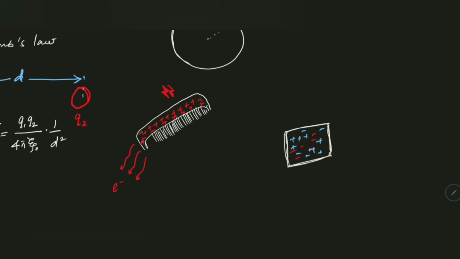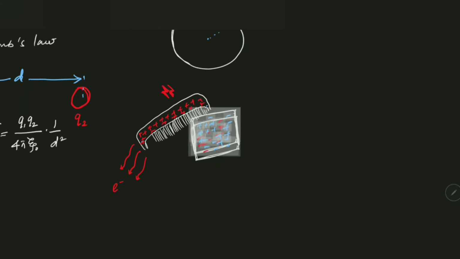So what happens is, when the piece of paper is brought near, if I'm bringing this piece of paper towards the comb and touching it, initially, due to the positive charge in the comb, which is highly positively charged, the electrons, the negatively charged particles of this paper, are attracted and move closer to the comb.